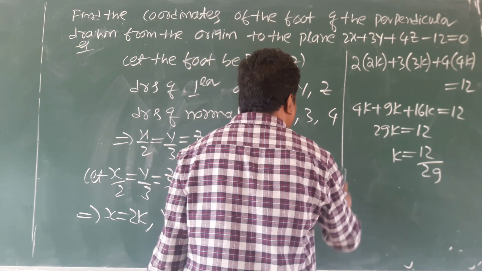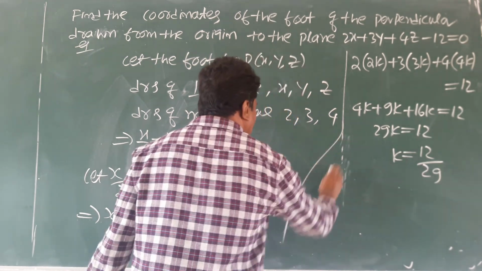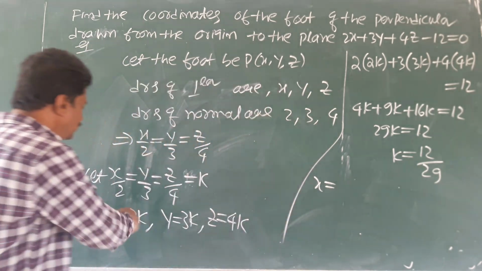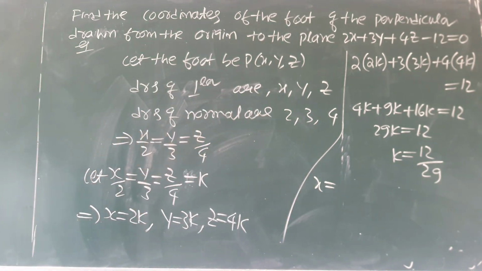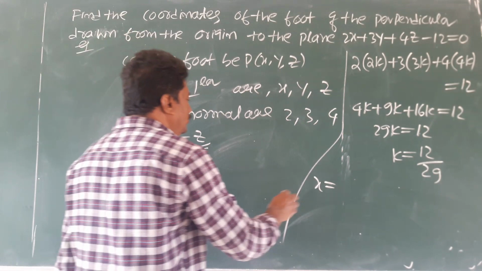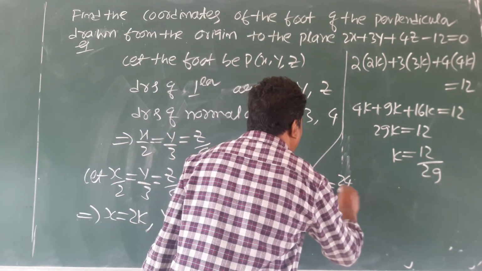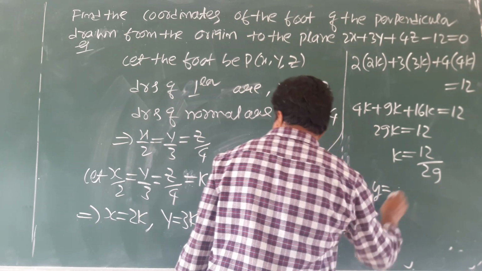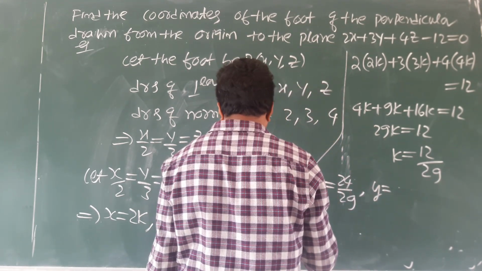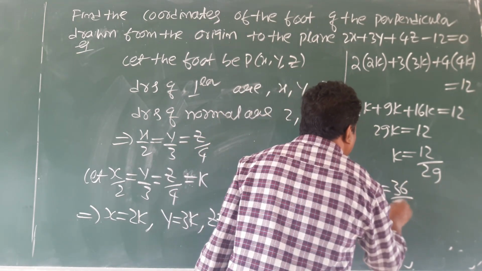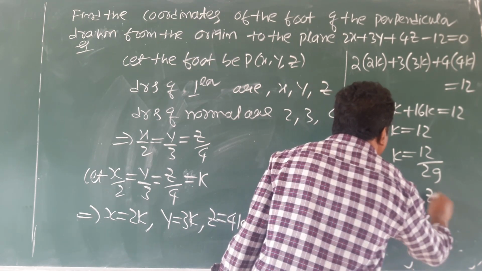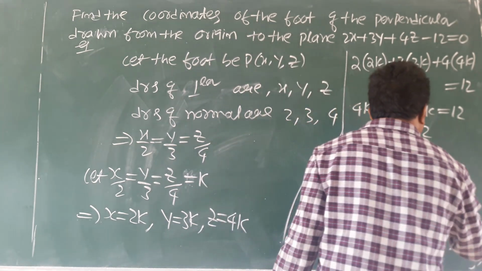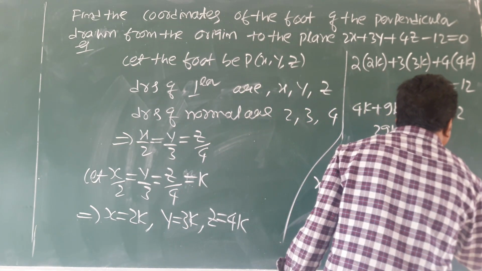Now write the foot. Calculate x, y, z. X is equal to 2k. Substitute for k. 12 2s are 24, so 24 by 29. Y is equal to 3k. 12 3s are 36 by 29. Z is equal to 4k, 48 by 29.